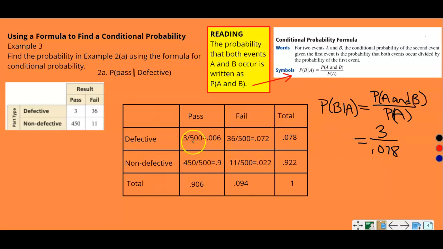So actually, instead of putting 3 on top, we could write what this is: 0.006.